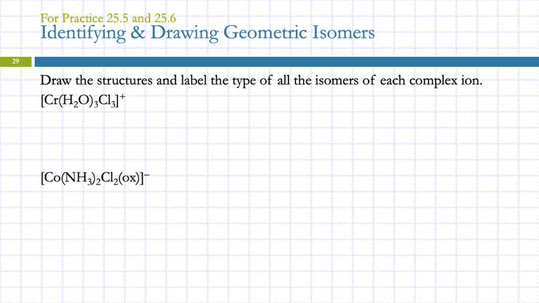So draw the structures and label the type of all the isomers of each complex ion. So here we have chromium, and we have 3 water molecules and 3 chloride ions.